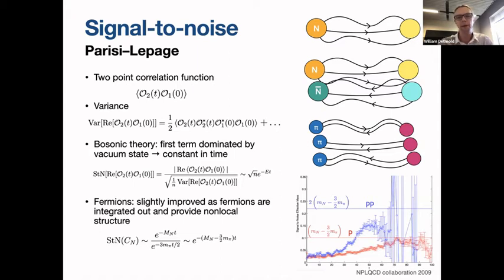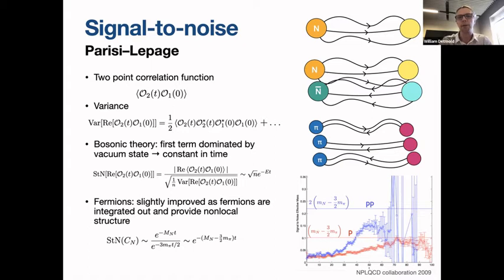But the variance is dominated by the vacuum, so it has no exponential decay. And so in fact, the signal to noise ratio is just going to fall off exponentially as the correlation function falls off. So you've got a falling expectation value being eventually defeated by a constant noise.